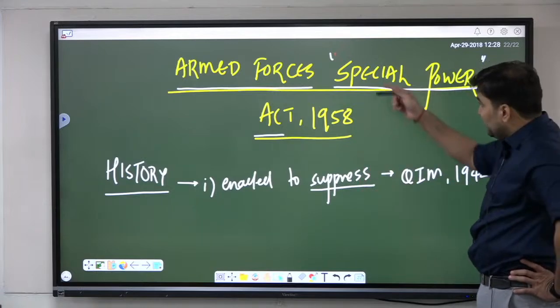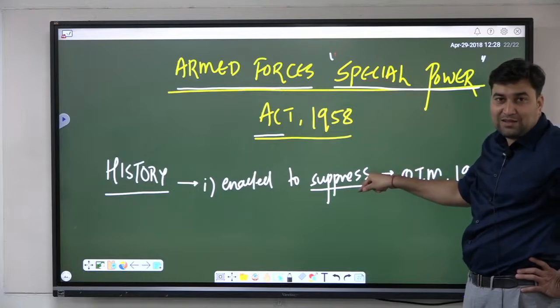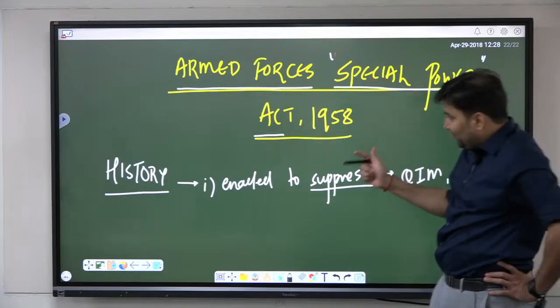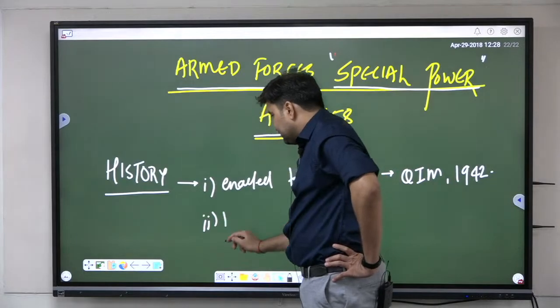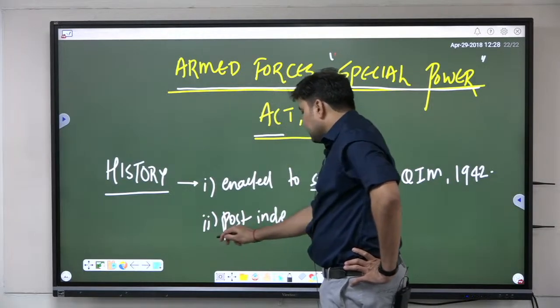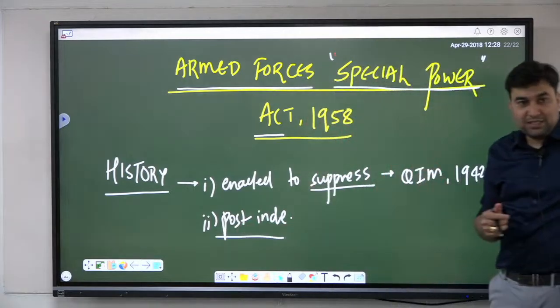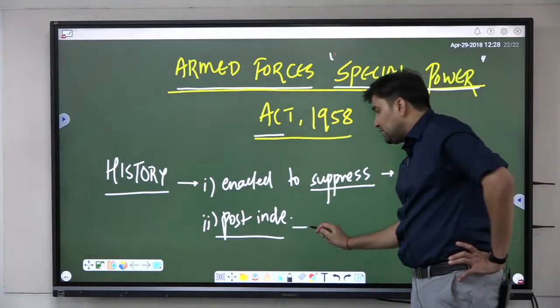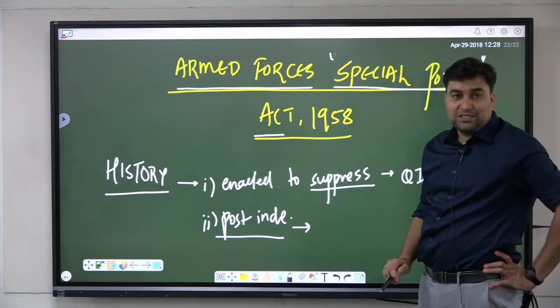And for those forces, what did we bring? AFSPA. We, meaning the British. However, post-independence, what happened in Northeast India? Insurgency, right?